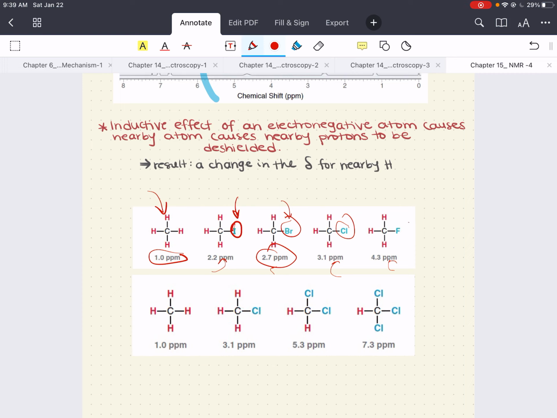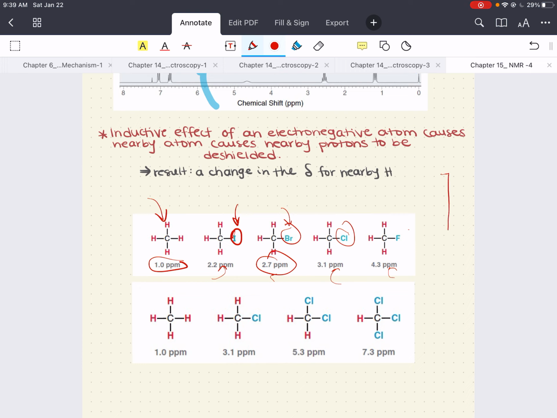Fluorine as well. Now, if you look at your periodic table, your halogens row, you have fluorine, chlorine, bromine, iodine. So as you go up the halogens, it's going to cause a greater shift downfield in your NMR spectra.